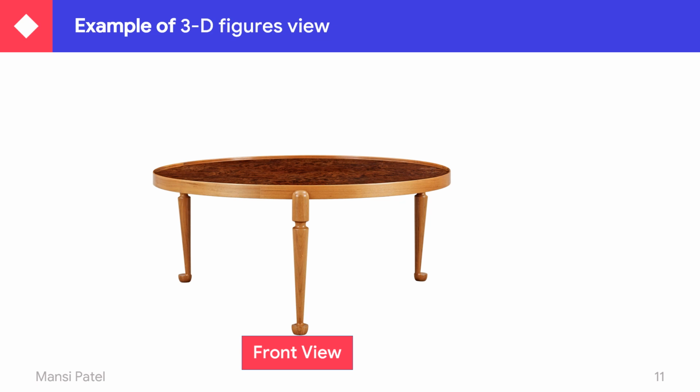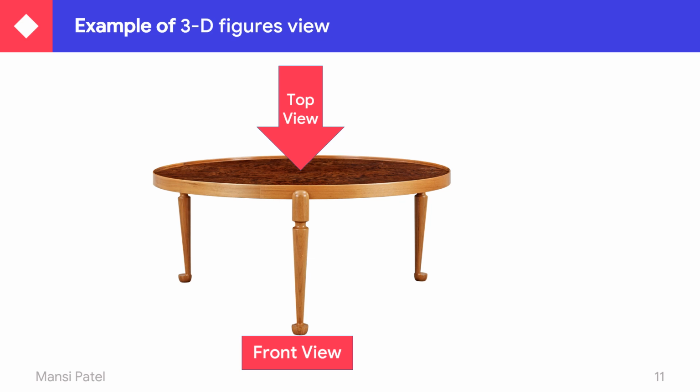When we see only the top surface, we can't see the legs. So from the top view, we can see only the top surface of this table. And from which view can we see only the legs of the table?